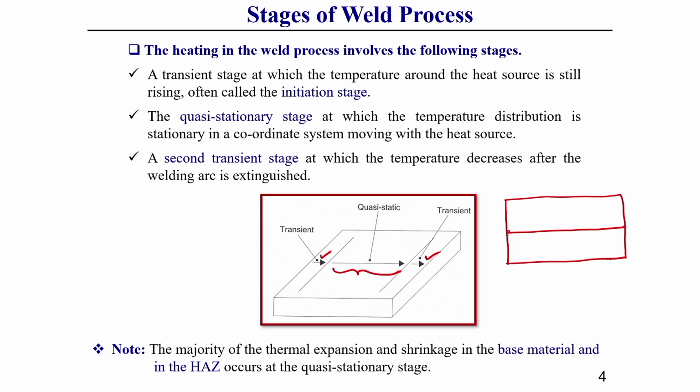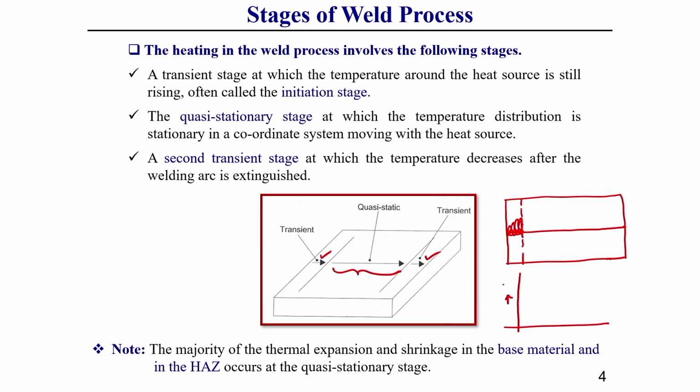Once the welding starts from here, you can observe that at the start of welding the temperature does not immediately go to its peak. The thermal profile in this stage is gradually increasing, so this is the temperature rising stage. Let me show how the temperature distribution at a particular point varies with heating and cooling over time.